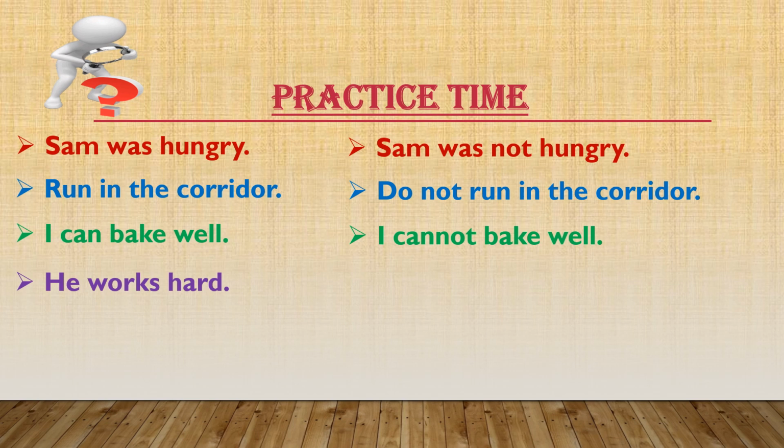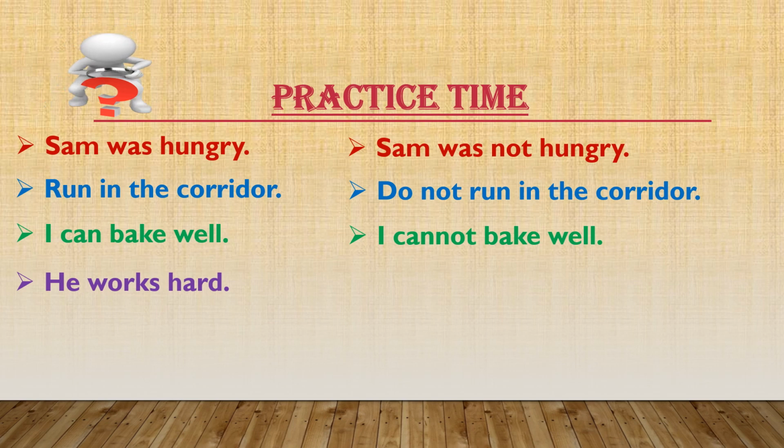The next sentence, he works hard. Do we have a helping verb here? No. Is it an imperative sentence? No. This is a simple present tense sentence. And here you have to follow step number 1. That is to find the verb and bring it to its root form.